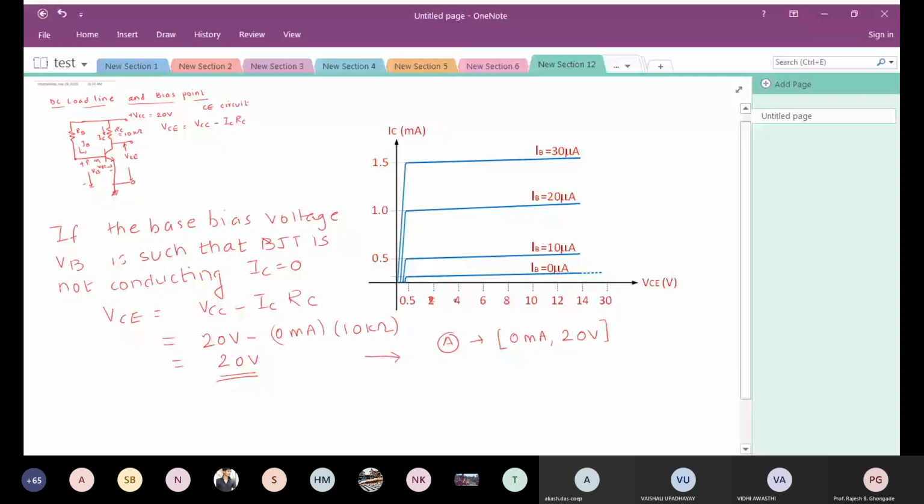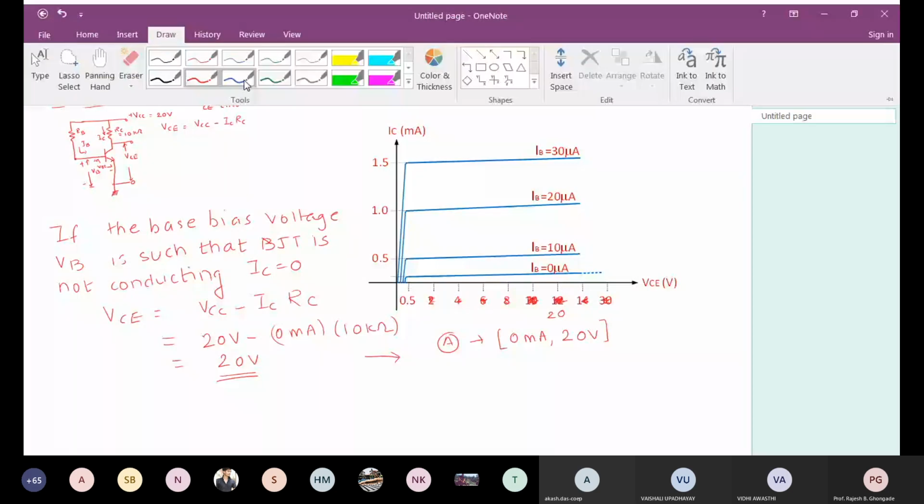Let us say the scale is a little bit different. I was not in a position to change this. So let us say this is 20. So where is my first point now? My first point is here.